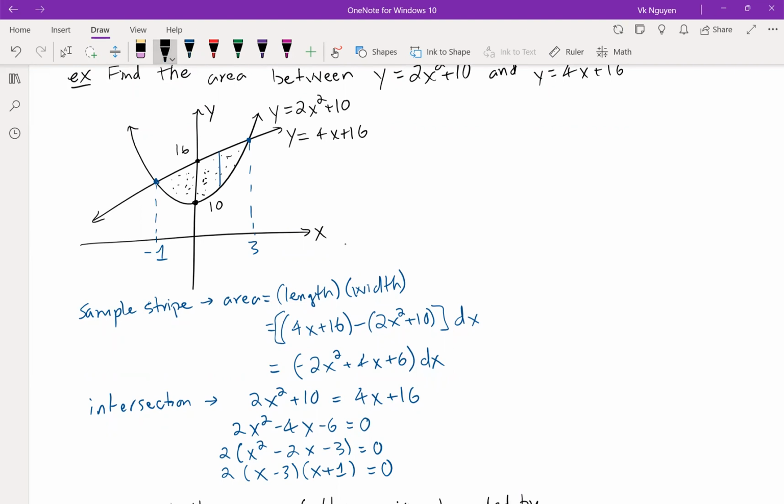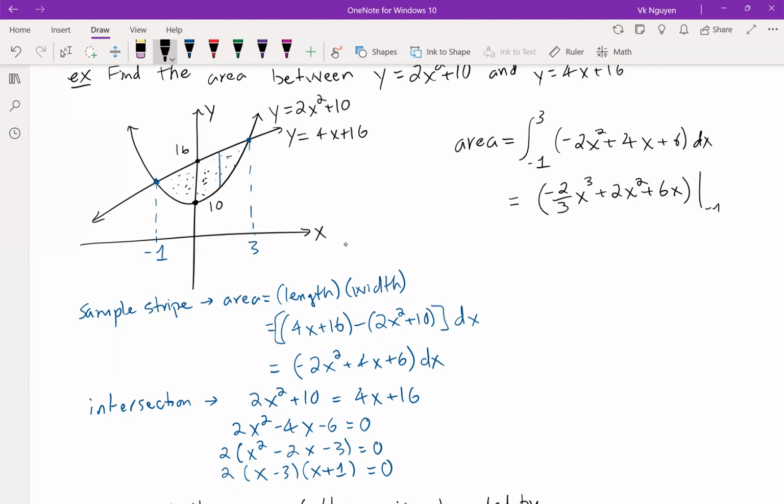From here, the area is the integral from -1 to 3. In here's the sample area, and that is -2x squared plus 4x plus 6 dx. Okay, find the antiderivative. We have -2/3 x to the 3 plus 2x squared plus 6x.